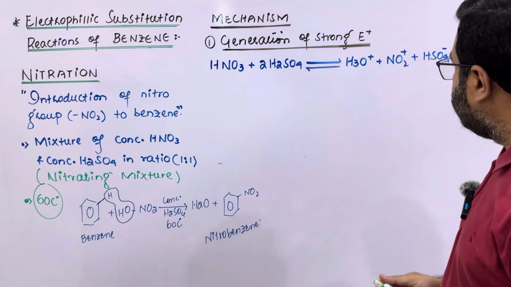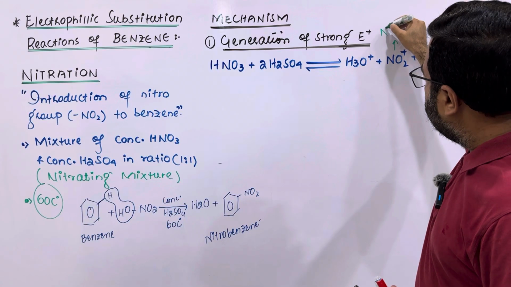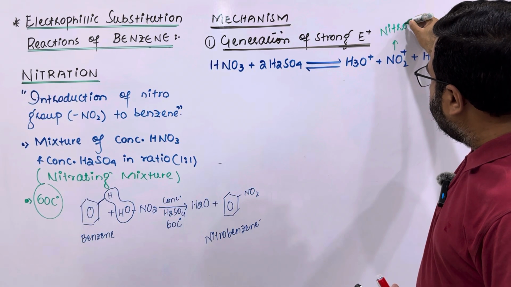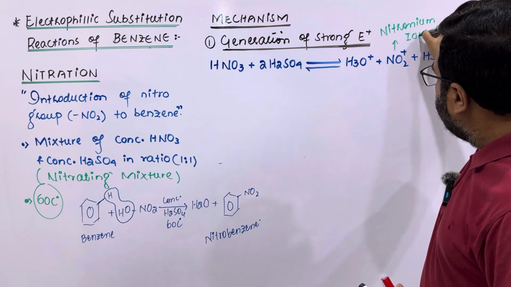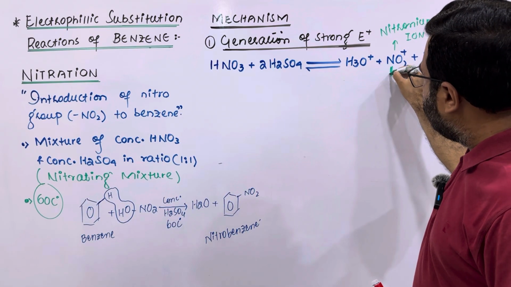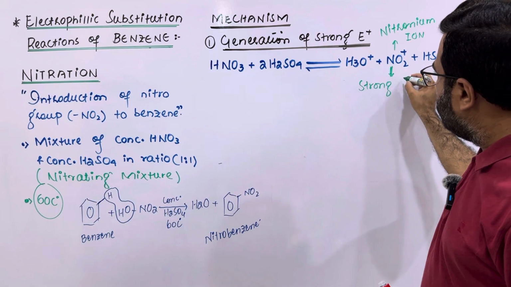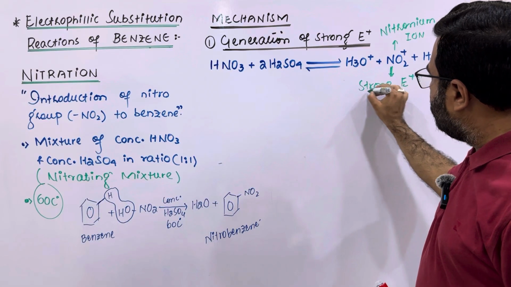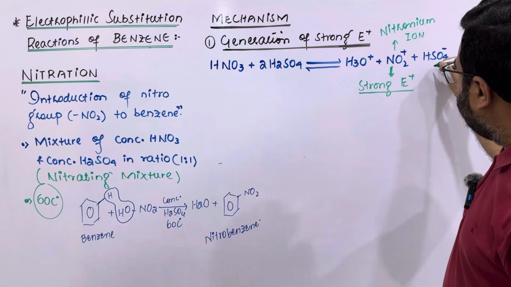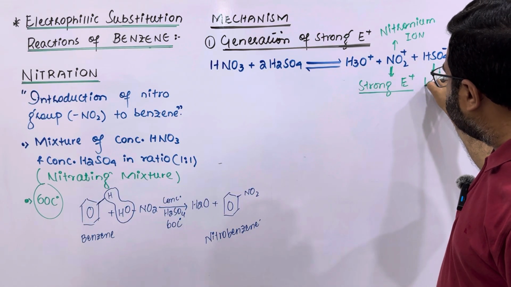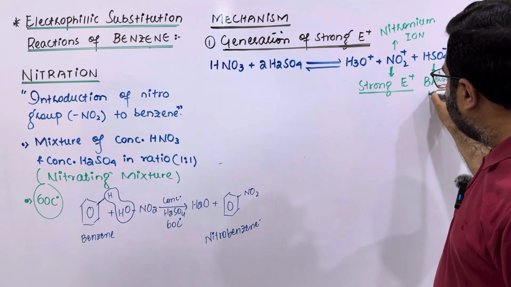Now in this case, dear students, this NO2 positive is called as nitronium, and this nitronium will act as a strong electrophile, and this HSO4 negative will act as a Bronsted base.